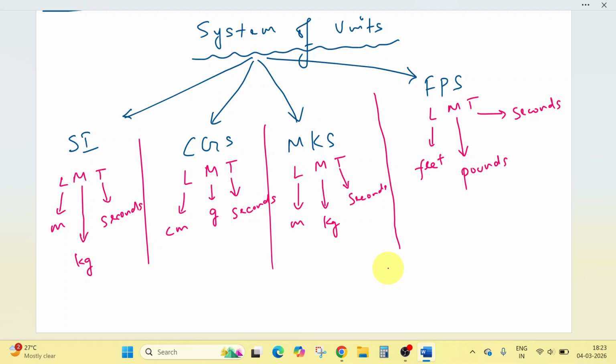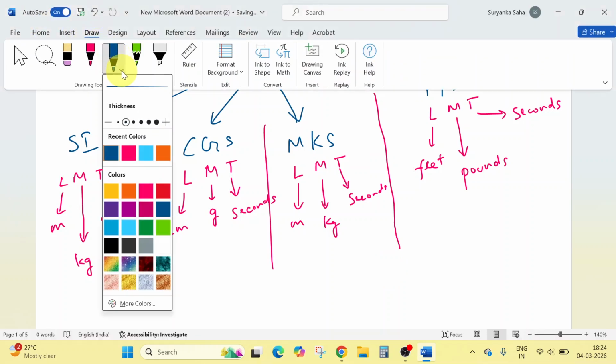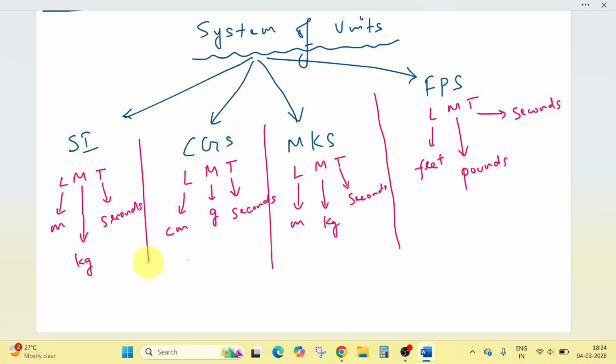Maybe, but actually the thing is, I have written only length, mass, and time. Understood? There are other physical quantities which are different in SI and MKS. Say for example, in SI system, force. What is the unit of force? You have learned in class 8. Bolo, force er unit ki? What is the unit of force?